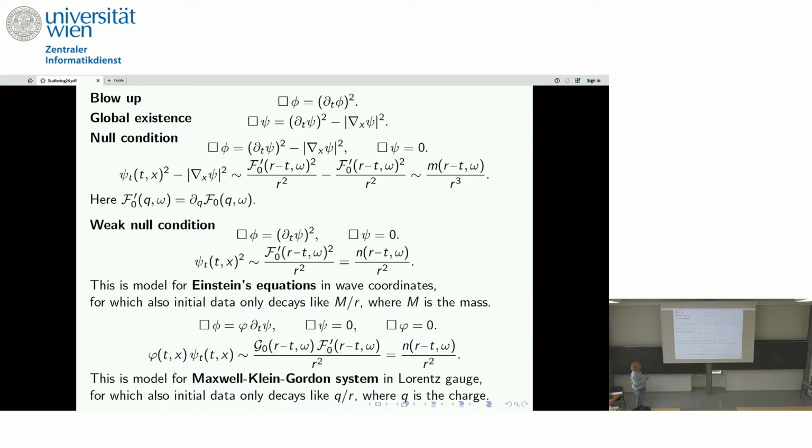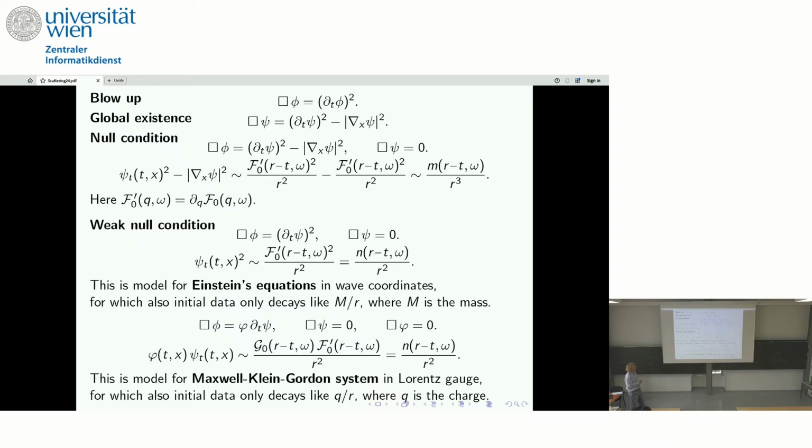But when you study this equation, you get a right-hand side that decays exactly like a function of 1 over r squared, which was forbidden. Well, you can't get the radiation field that way. So it behaves essentially like a function of r minus t divided by r squared. And that's for Einstein's equation. And also initial data decays like m over r. That was the other thing that was forbidden.